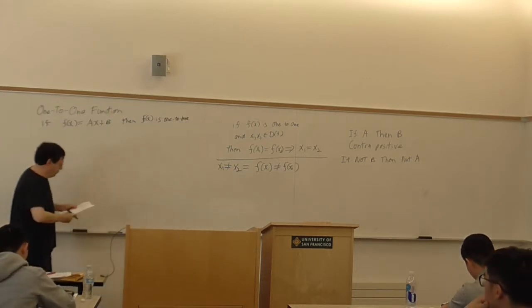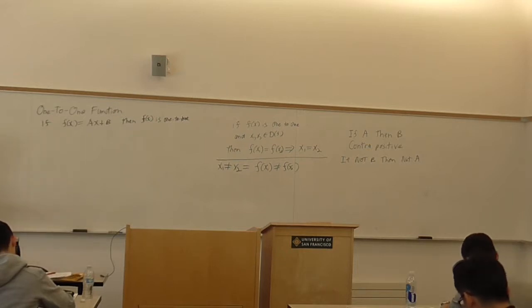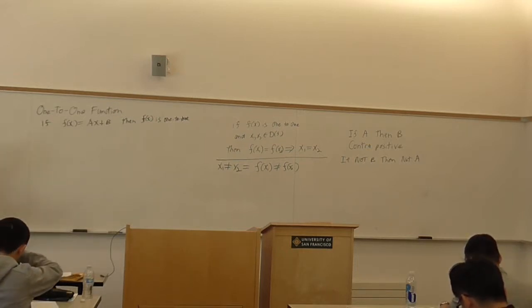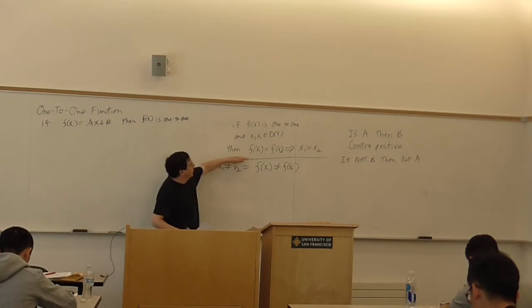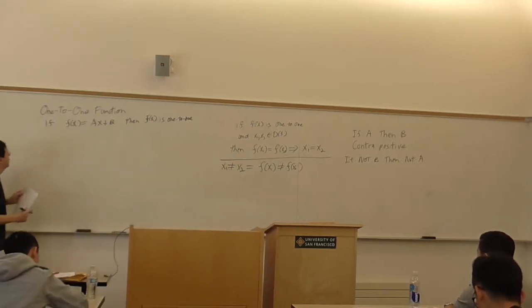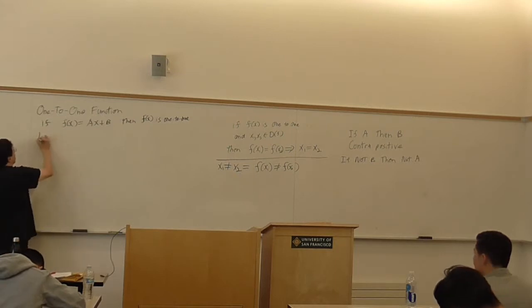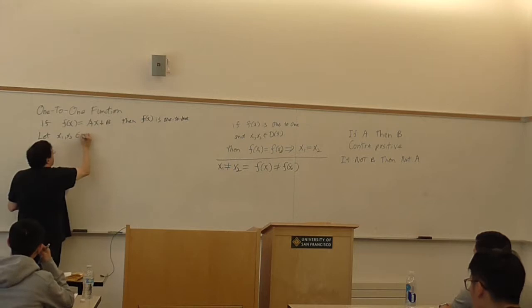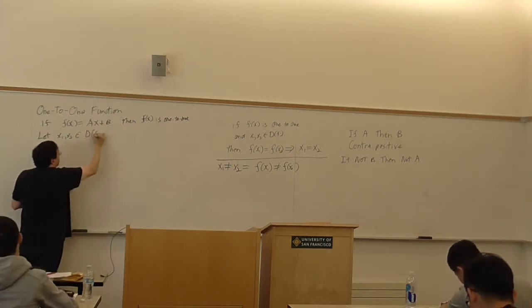Okay. How would I go about that? I'm going to use this definition of a 1-to-1 function. And I'm going to say let x1 and x2 be, remember, in the domain of f.